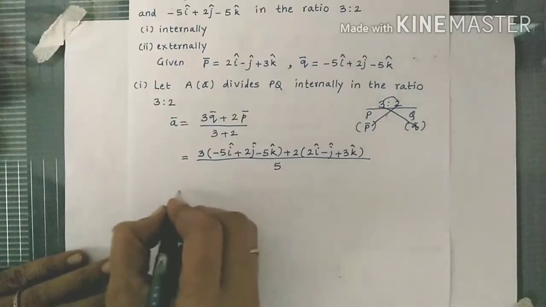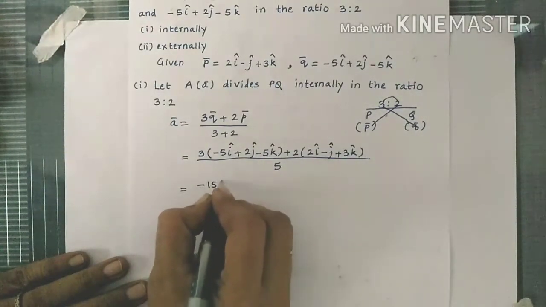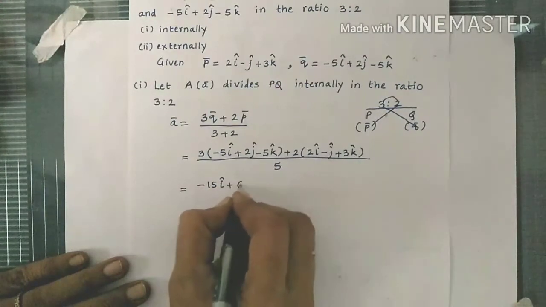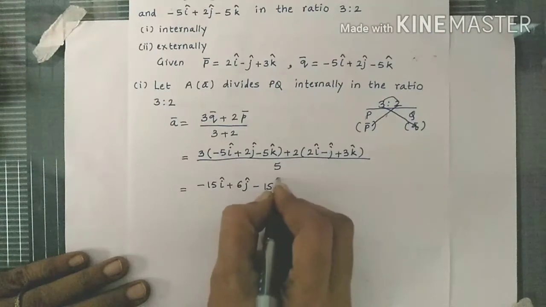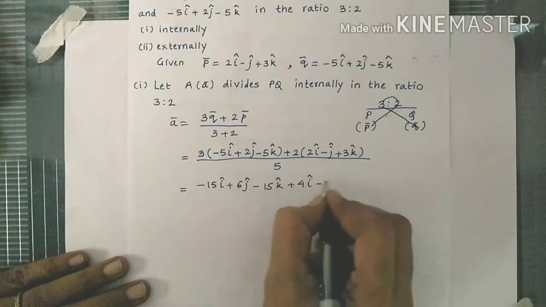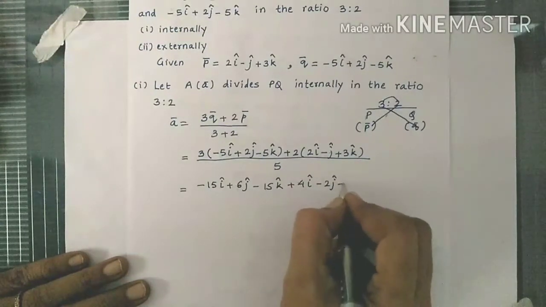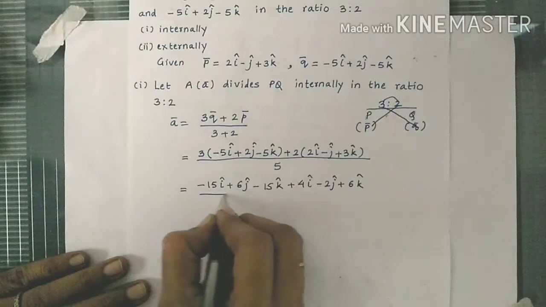Okay, let's multiply these brackets by 3 and 2. So we have minus 15i cap plus 6j cap minus 15k cap plus 4i cap minus 2j cap plus 2 into 3, that is 6k cap, divided by 5.